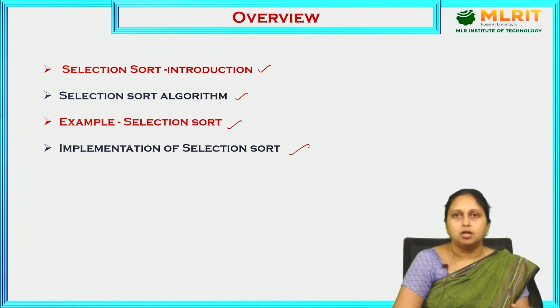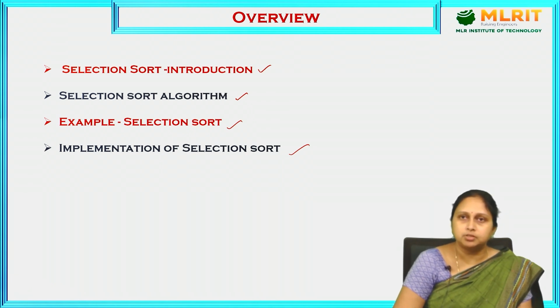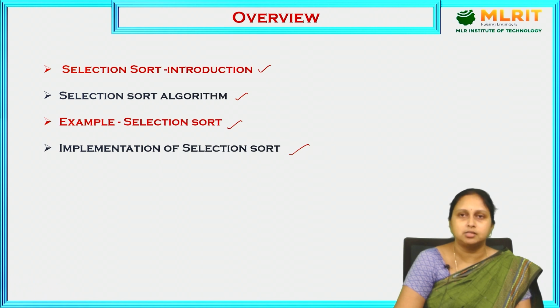If you could see the previous videos, we have already covered bubble sort as well as insertion sort. And you could find the difference between what is bubble sort, what is insertion sort, and what is selection sort. Now we are going to discuss.